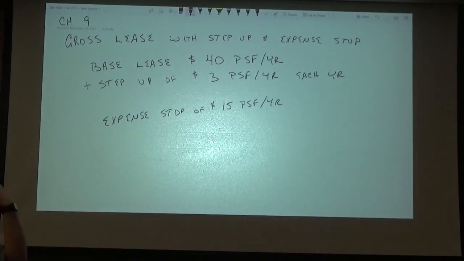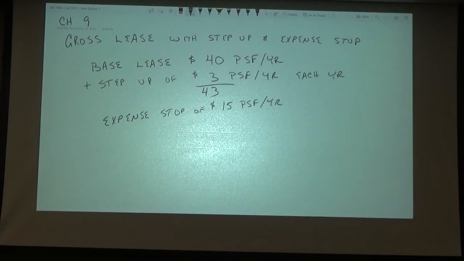Now, what does that then mean that the net would be for the property owner, let's say in year 2? Okay? So in year 2 of this property, the owner's going to be receiving $43 in rent, yes?